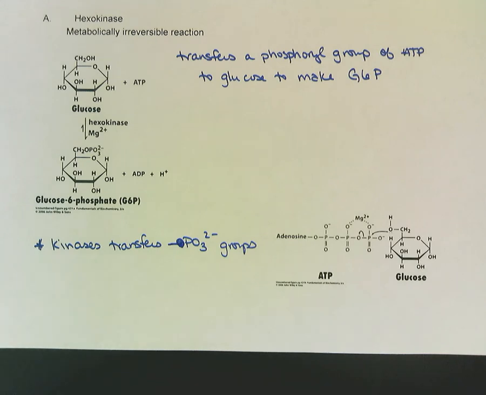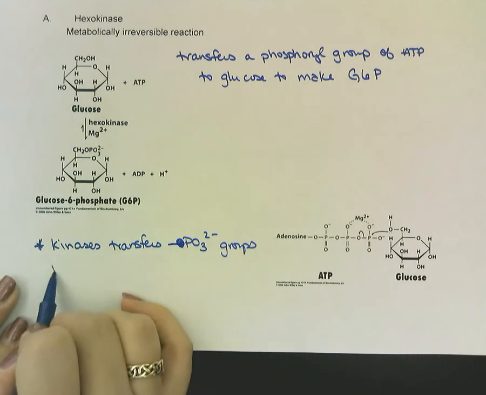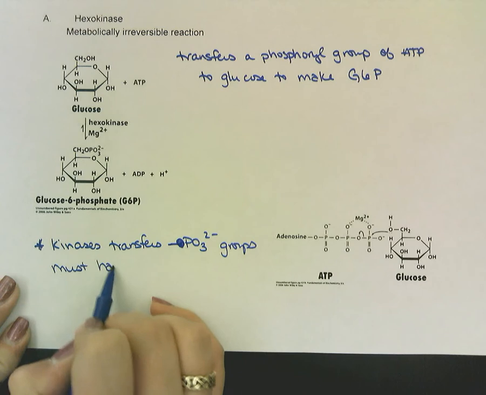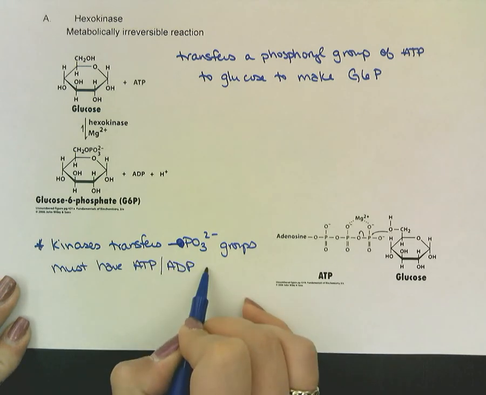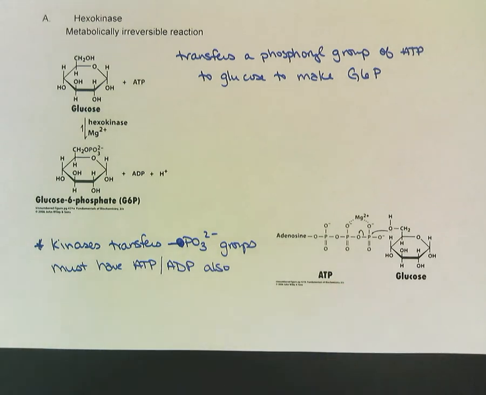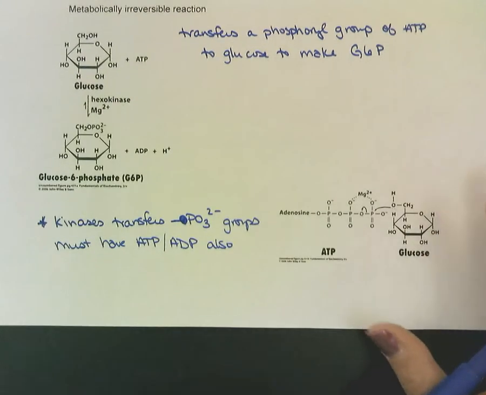Anytime you see kinase, it means there's a phosphoryl group being added or removed, which is always in conjunction with an ATP or an ADP. So those reactions happen together. If you see kinase, you know there's going to be a phosphate group transferred, and there must be ATP or ADP in the vicinity. Those are the guys that are either going to take it or give it back.